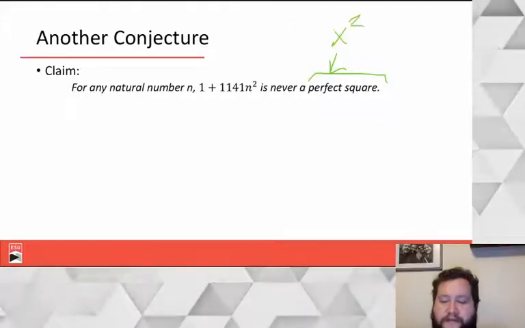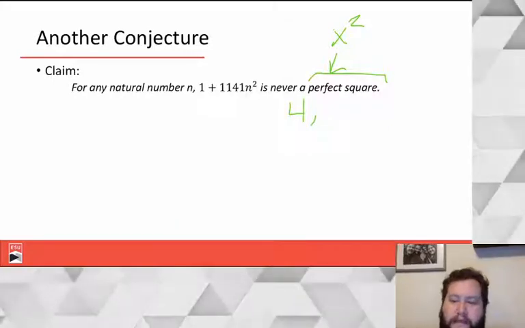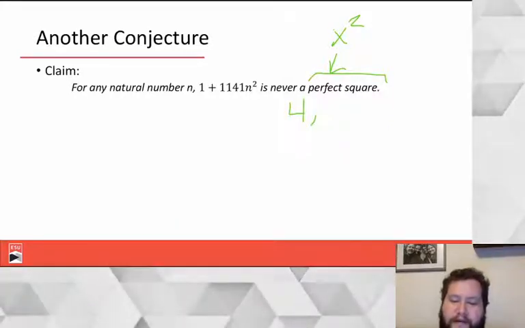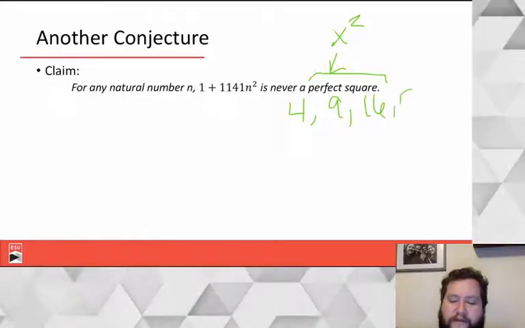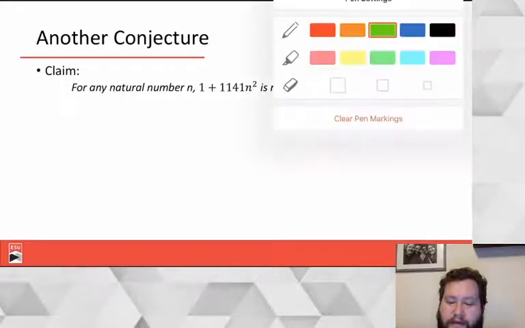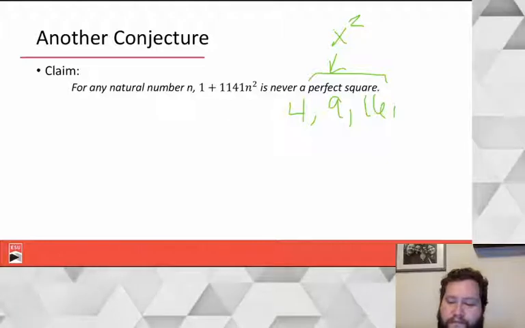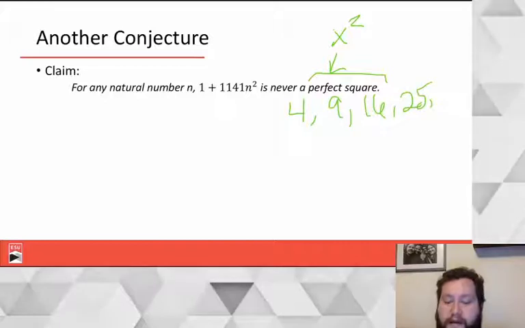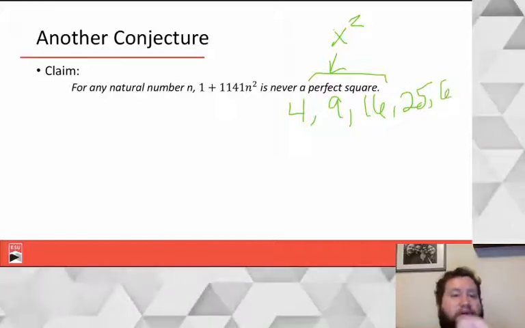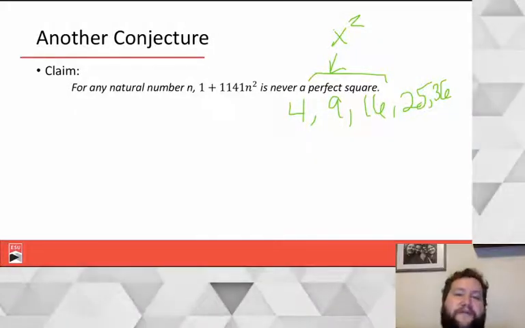So like 4 is a perfect square, and we have 9 as a perfect square. 4 squared is 16, 5 squared is 25, 6 squared, 36, and so on and so on. So this says for any natural number n, this pattern is never a perfect square.